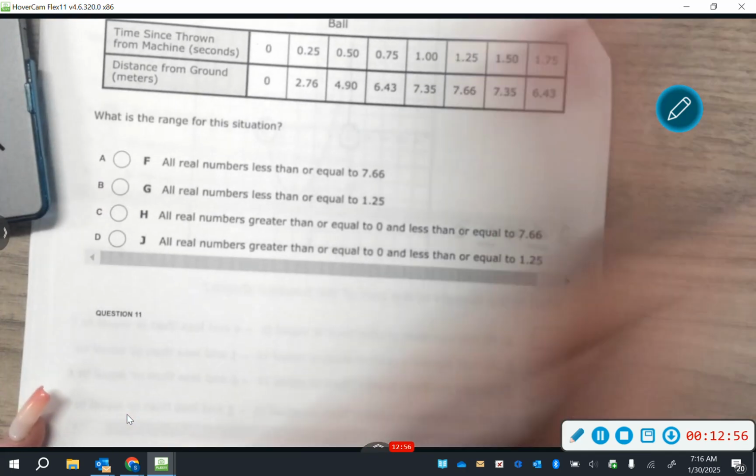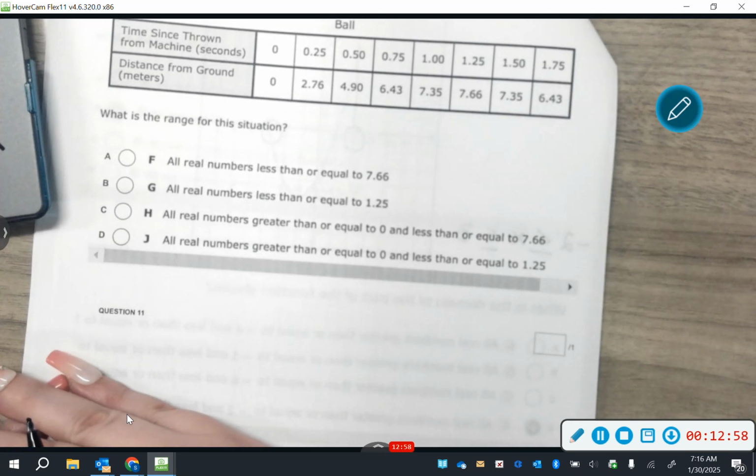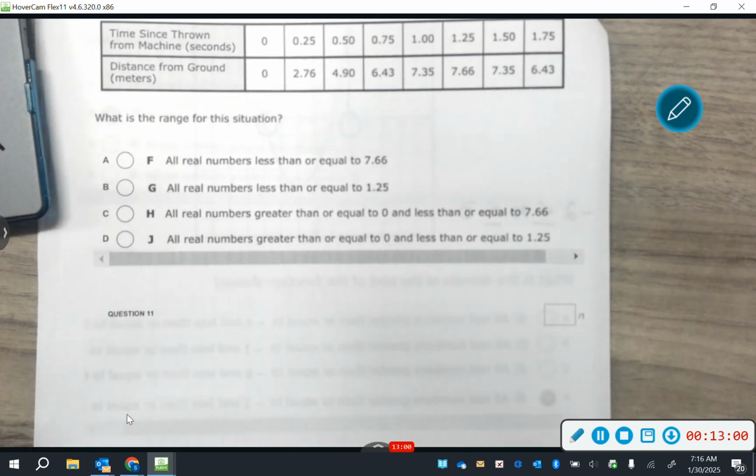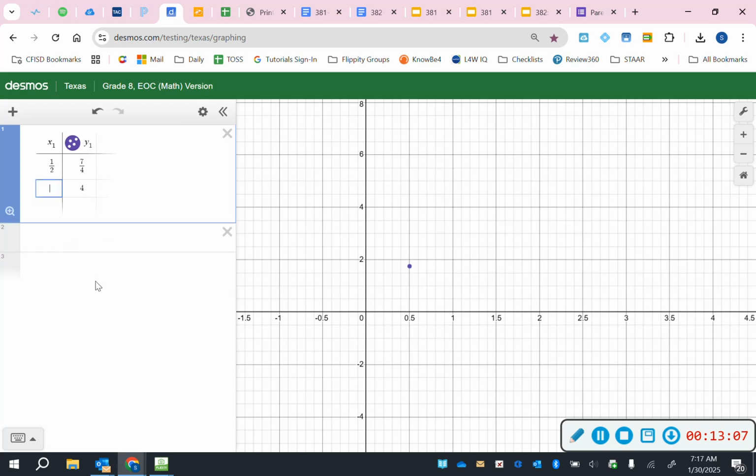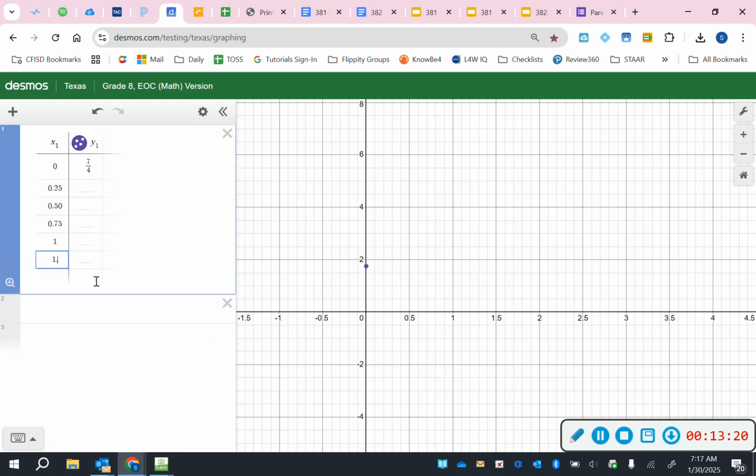Okay. Same thing. They gave us another table. So I can always go and plug it in. So let me go erase this. Okay, so we got 0, 0.25, 0.50, 0.75, 1, 1.25, 1.50, and 1.75.